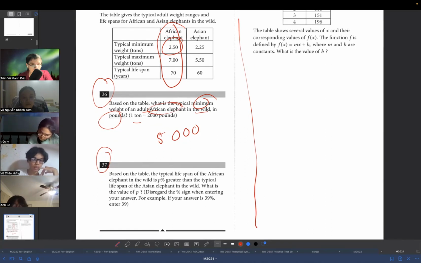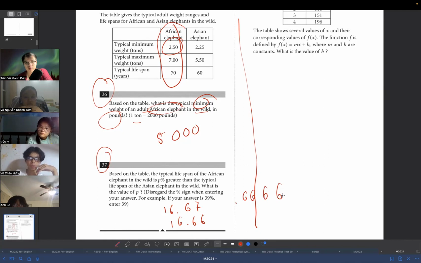16.67. What if I put in 16.66? It's also correct, because this is an infinitely repeating 6666, so it can also be this. But if the answer is 16.67 in full, there is no rounding, because you're just cutting short an infinitely long line.